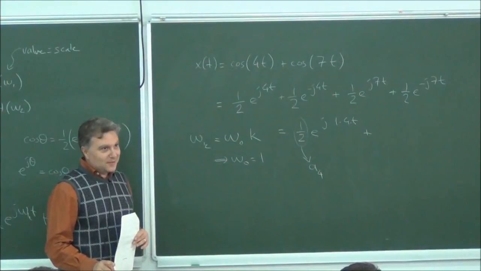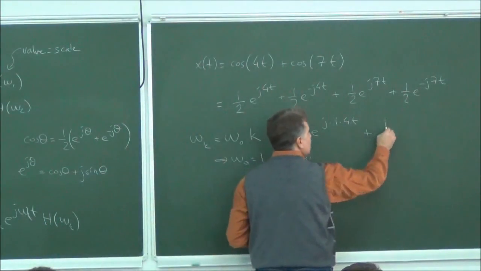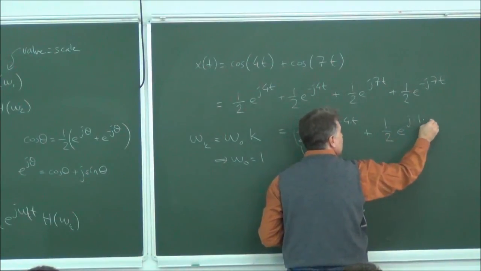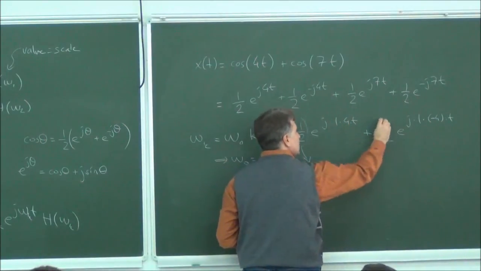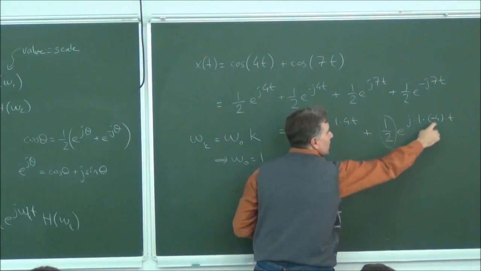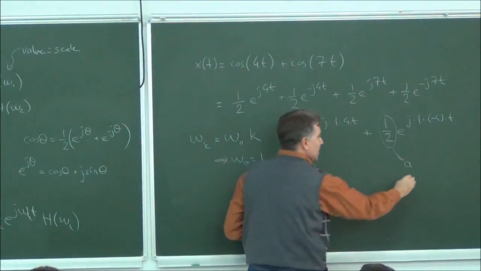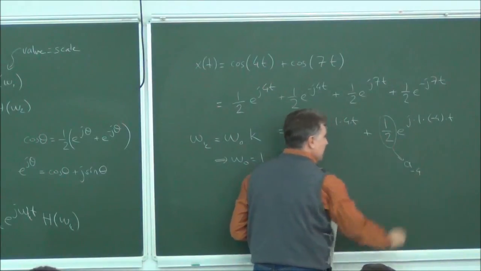It's not a1. a4 is this, plus 1 over 2 e to the j times 1 times minus 4 times t. So what is this 1 over 2? It is minus 4. So the index k is minus 4 here, and this 1 over 2 is actually corresponding to a minus 4.